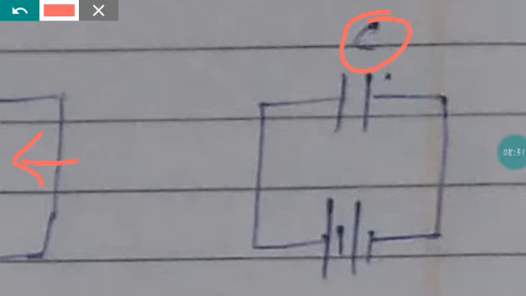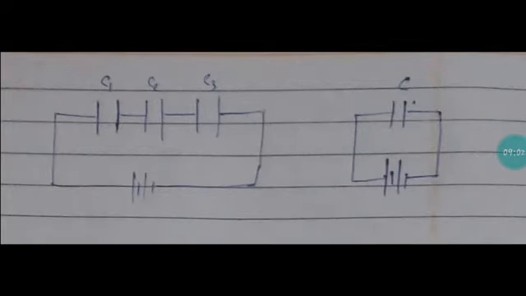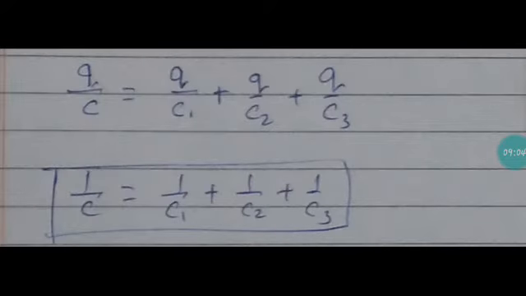The same battery of V potential difference is joined here, and therefore the potential drop on this capacitor will be V, and the charge generated here will be plus Q, and on this second plate it will be minus Q. Clear? Okay. Now what to do?